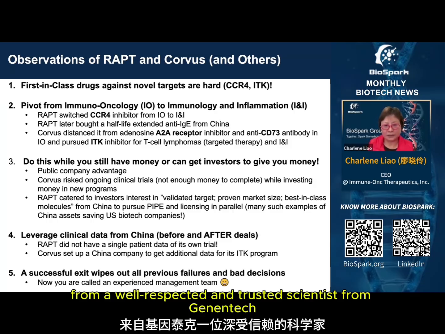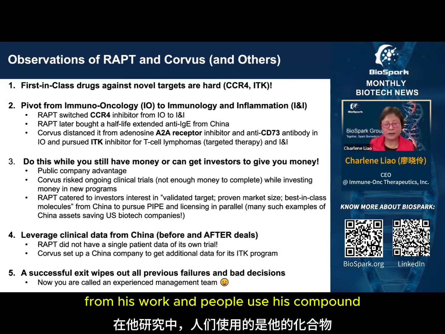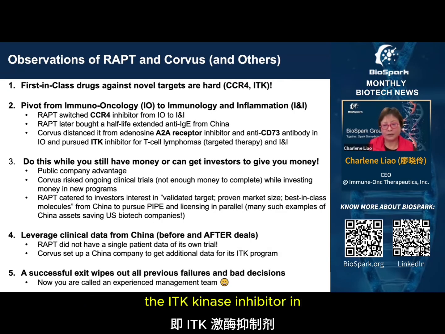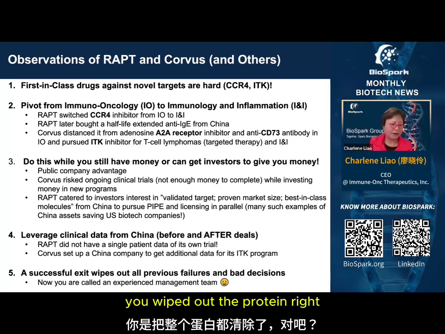trusted scientist from Genentech, and from his work, people use his two compounds, the ITK kinase inhibitors, in many preclinical studies. When he did a knockout, you wiped out the protein, right?